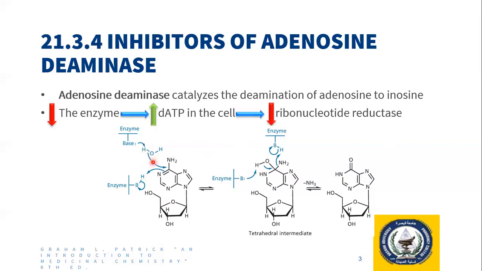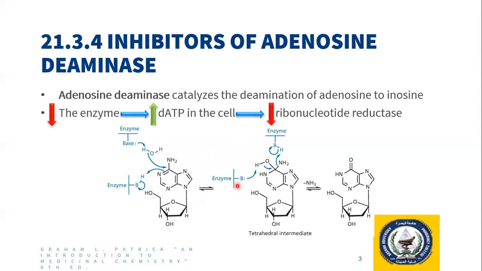This will leave the charge on the oxygen. This charge will attack this carbon, which is partially positive. That will open up this bond to abstract a proton from the base again on the enzyme, because this enzyme is the same as this one. This is just one enzyme, not two different molecules of the enzyme. This is the same molecule of the enzyme, and that will regenerate the base again.